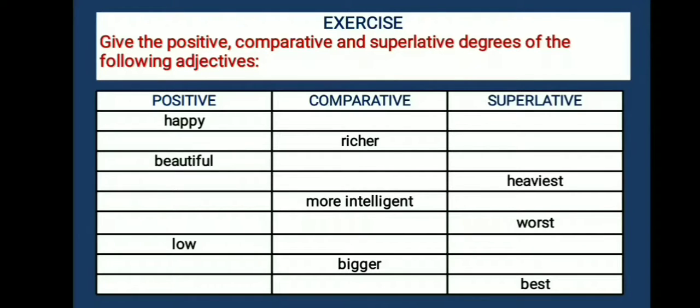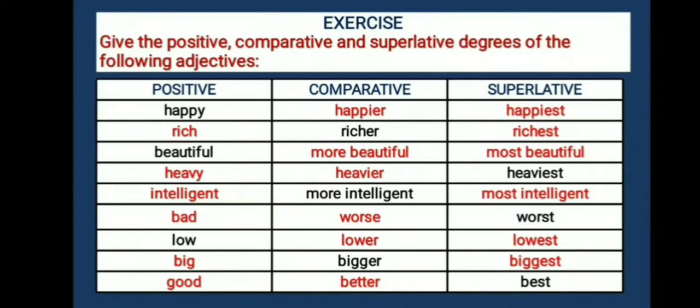Under comparative degree are richer, more intelligent, bigger. And under the superlative degree are heaviest, worst, best. Students, I hope you have completed. Let us move to the next slide.